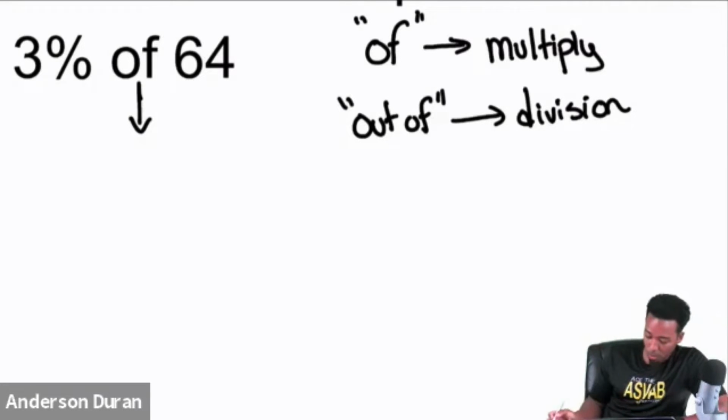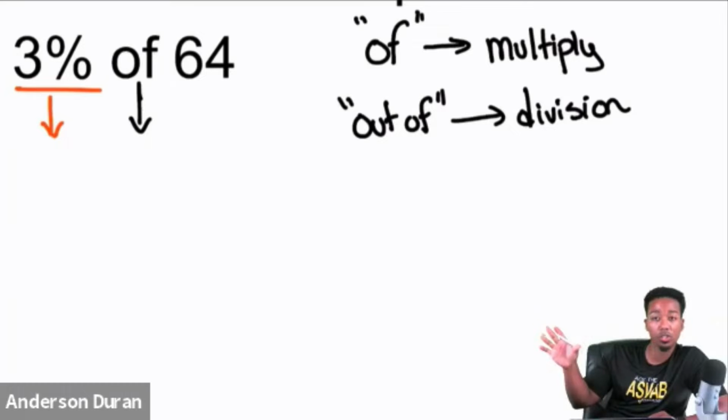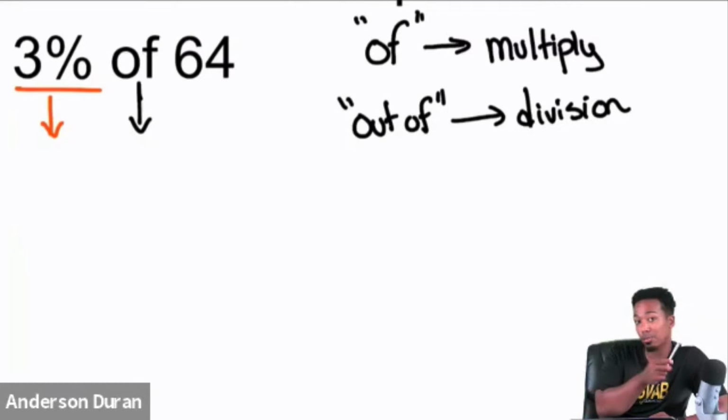And so what we have here is 3% of 64. So everybody, what is that 3% going to turn into? Yep, exactly. Because every time we go from a percent to a decimal, we're going to move that decimal place 2 places to the left. Exactly. 2 places to the left.